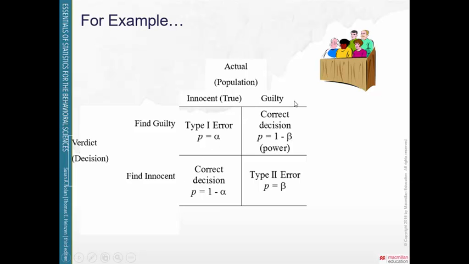He did steal the car. This is a type 2 error or a miss. We've missed it. And this is like accepting the null hypothesis. In our statistical study, we accept the null. We say our independent variable has no effect, when in fact it does. Again, it would be a type 2 error.